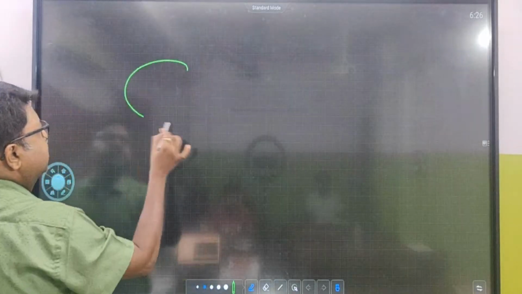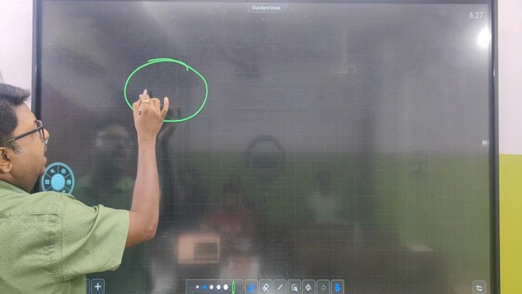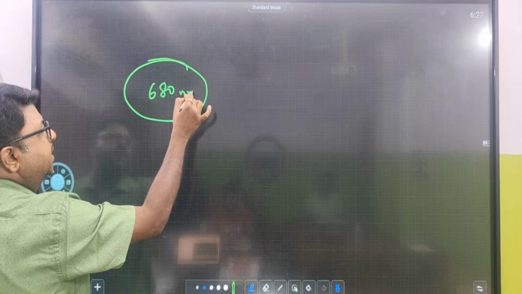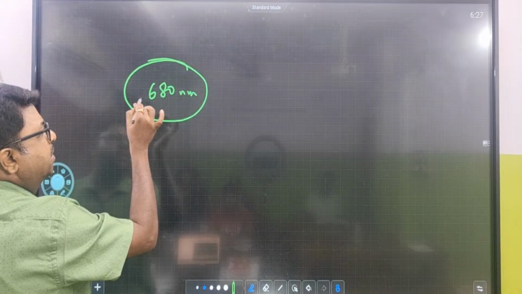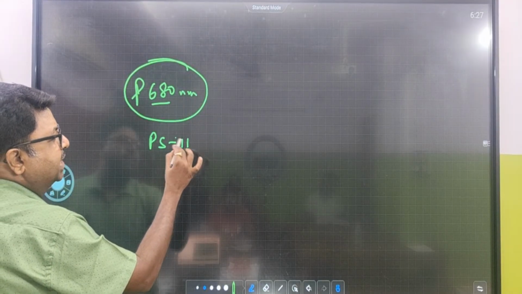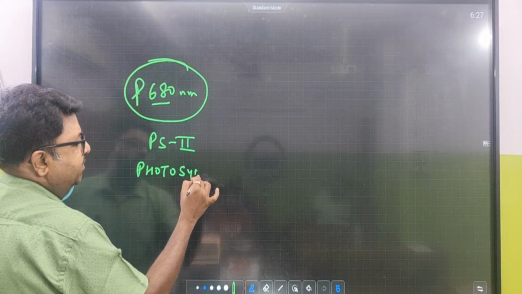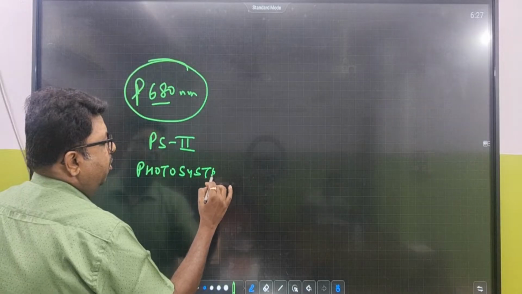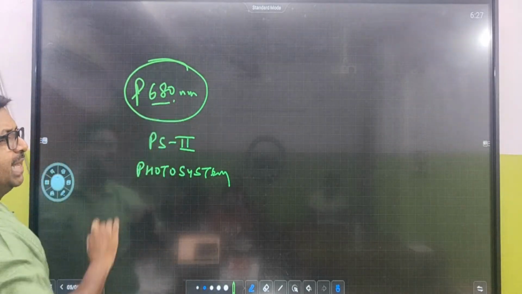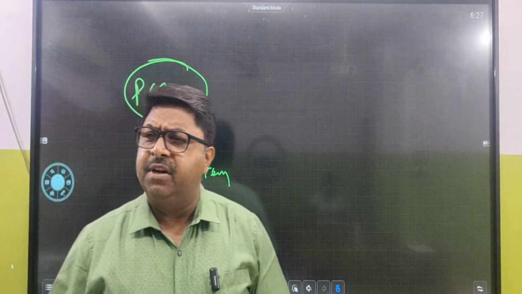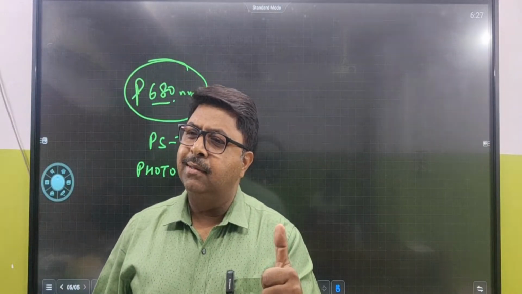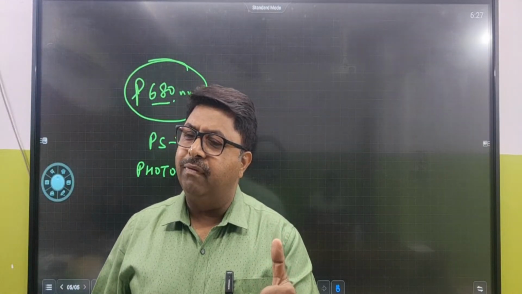And what do we know about 680 nanometer? Last day we talked about this. 680 nanometer is P680, which we call photosystem 2, PS2. So photosystem 2 gets activated. Do you think it can get activated alone, or does it need the help of the LHC, the light harvesting complex?